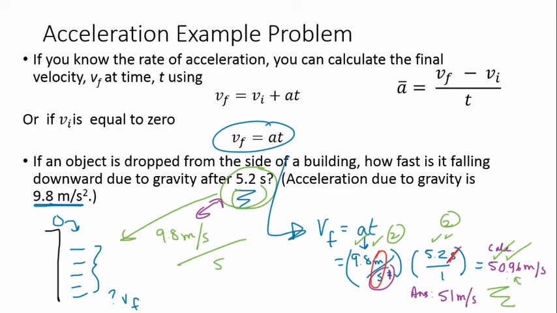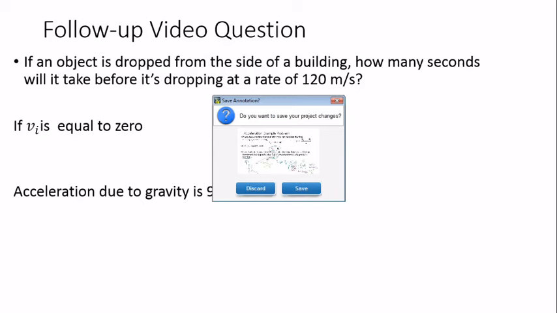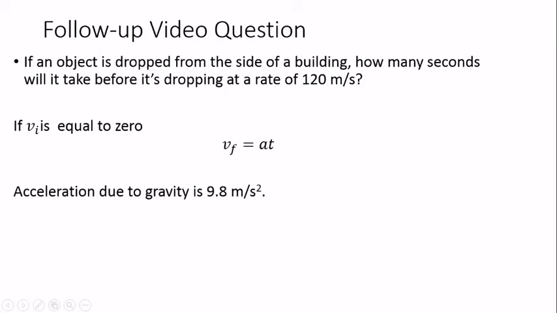So now here's your video question. I got a similar deal. We're going to be dropping an object from rest, which is kind of nice. And we know it's going to accelerate 9.8 meters per second for every second it falls.